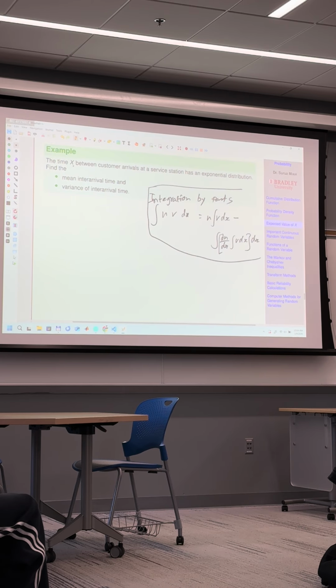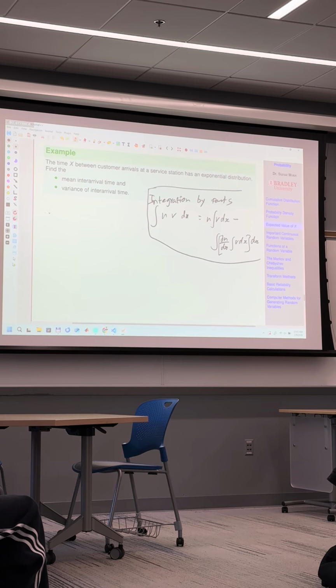Here x, the time between customer arrivals at a service station, has an exponential distribution.